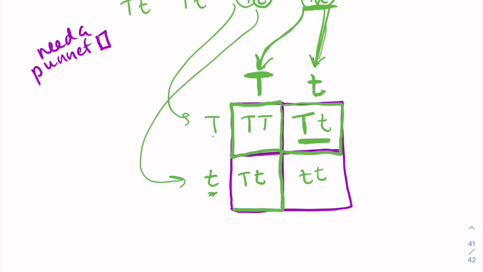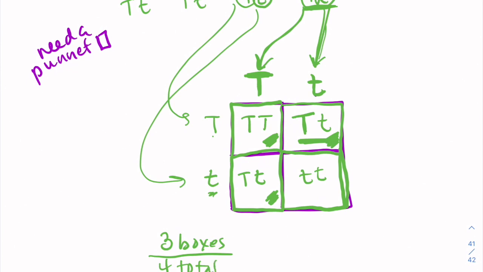I'm just coloring these in so that you can see what I'm pointing to. Out of 4 boxes, this plant is going to be a tall plant, right? 2 dominant alleles, tall. Here it's heterozygous. That plant's going to be tall. This plant here is going to be tall. This one will be short. So 3 boxes out of 4 total boxes are tall.